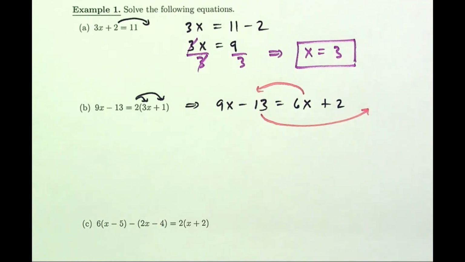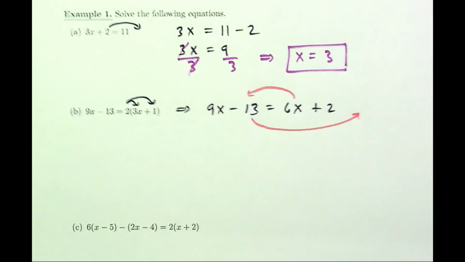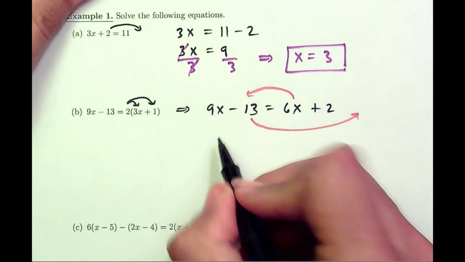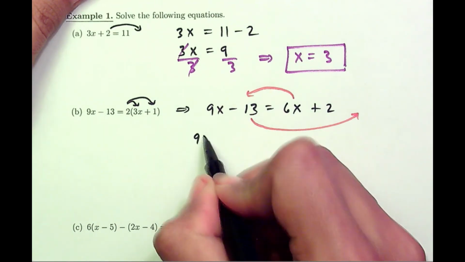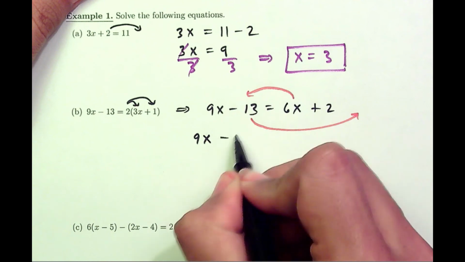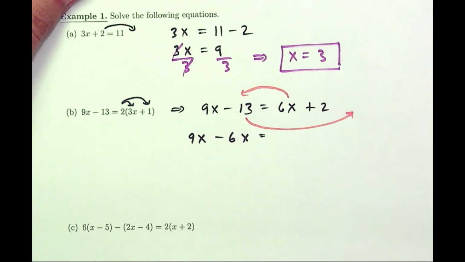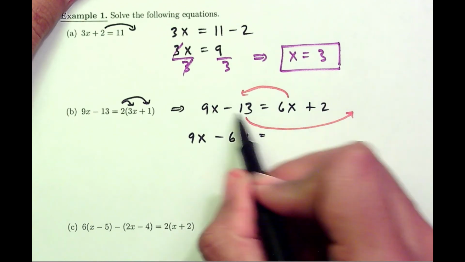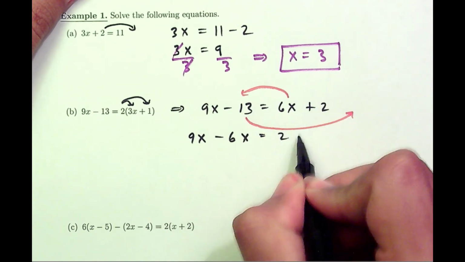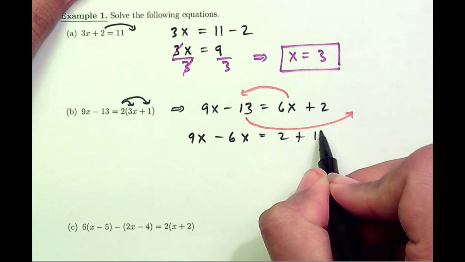Remember the way I said it, we just throw it over the fence. When you do that, the signs do change. So then you're going to have on the left hand side 9x minus 6x, because right now the 6x on the right hand side is positive, so it moves as negative. And then the minus 13, when you throw it to the other side, it becomes plus 13.